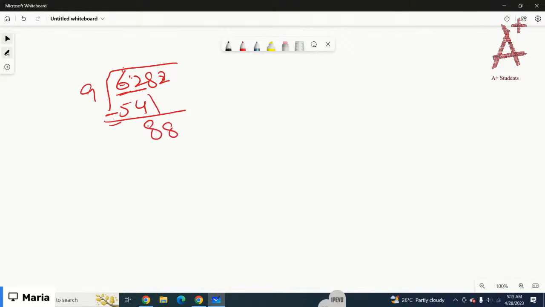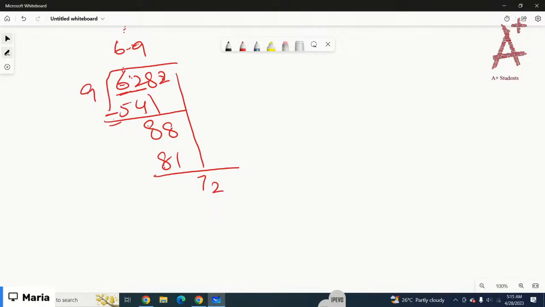Bring the next digit down, so it would be now 88. You have to count 9 until 88. You can go for 9 times 9 is 81. So here you are left with 7.